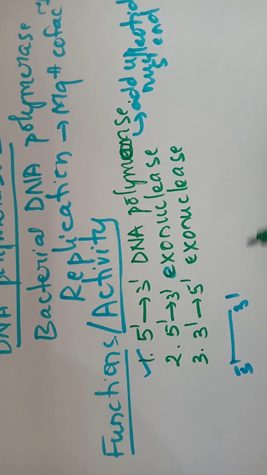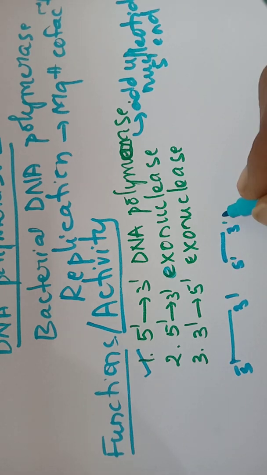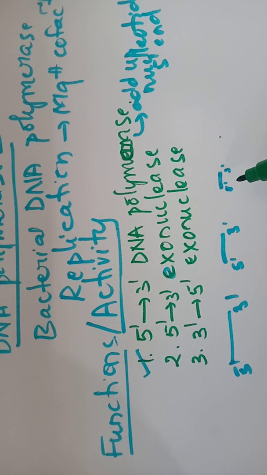Before the exonuclease activity starts, it is full length. Next, it becomes a little bit shorter, then shorter still, and later it will vanish. So exonuclease means removing the nucleotides from the end.